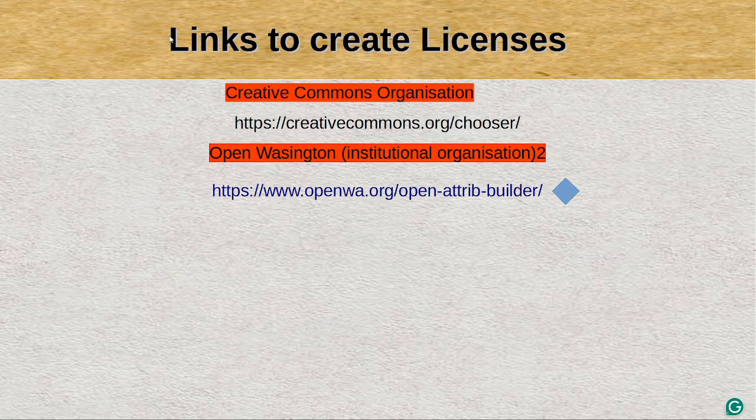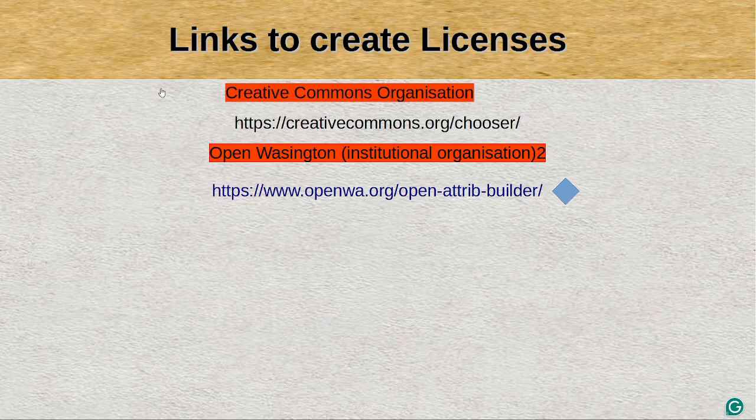This slide will discuss how to generate open licenses or different CC licenses for our work, or, if you are taking someone else's work, how you will refer to it, through a practical demonstration.